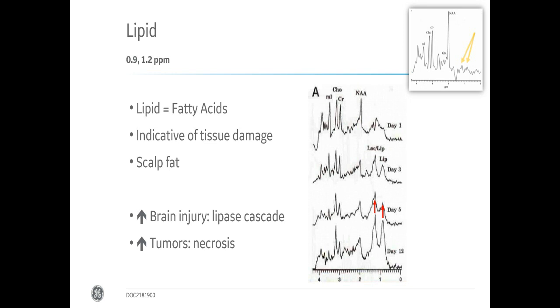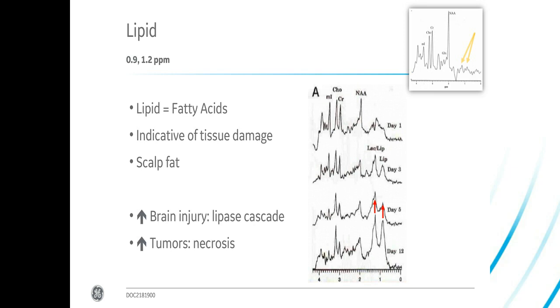So you see from day 1 to day 3 and 5, the two lipid peaks increase. We also see lipids in tumors as a sign of necrosis. So lipids can be useful information in some injuries, and some lipids, like the skull fat, give a huge signal we want to avoid.